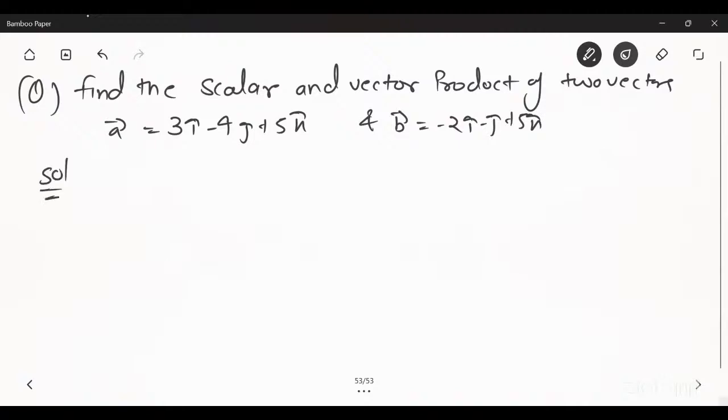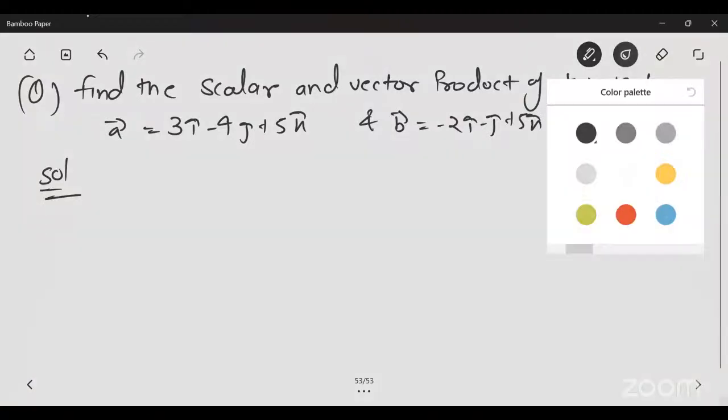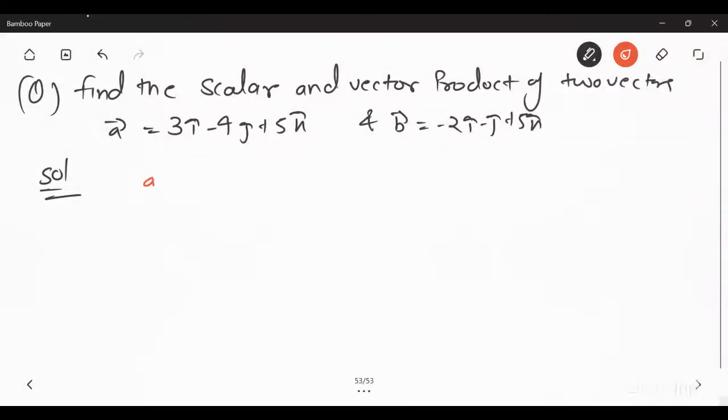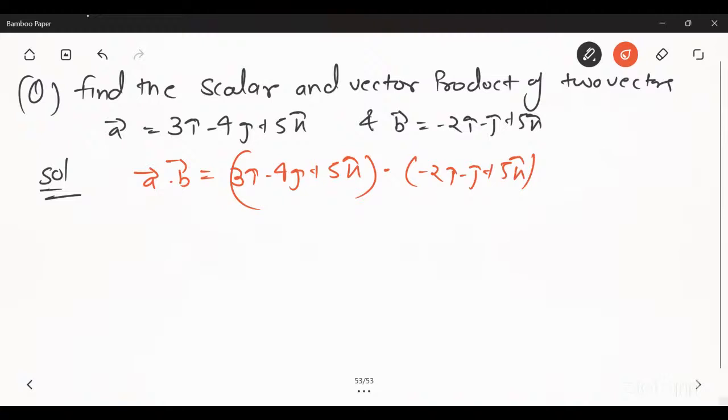Now solve it. First we have to find the scalar product, that means A dot B. So (3i minus 4j plus 5k) dot (minus 2i minus j plus 5k). Multiply i term with i term, j term with j term, and k term with k term.